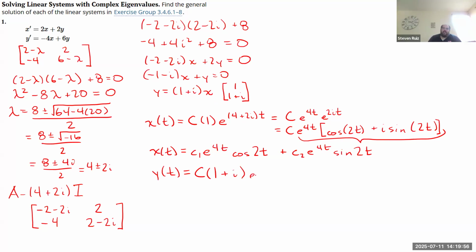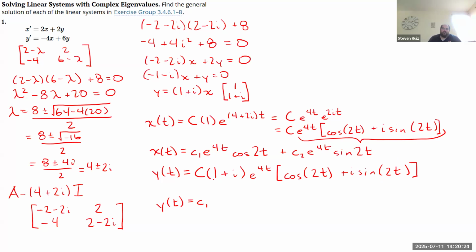Still multiplying it by e to the 4t times the quantity cosine 2t plus i sine 2t. My y of t is still going to equal this. It's still going to equal C1 times the real part of the solution plus C2 times the imaginary part of the solution.